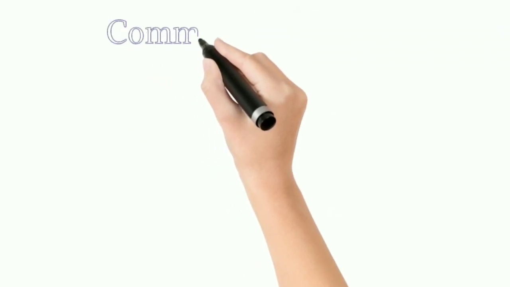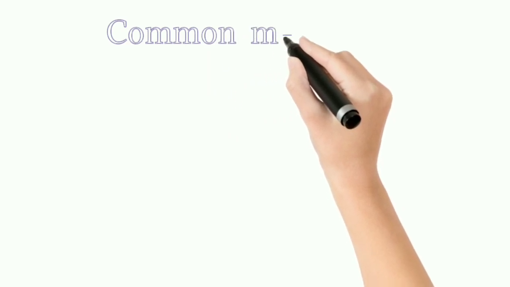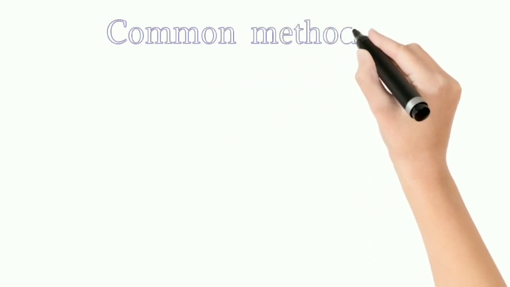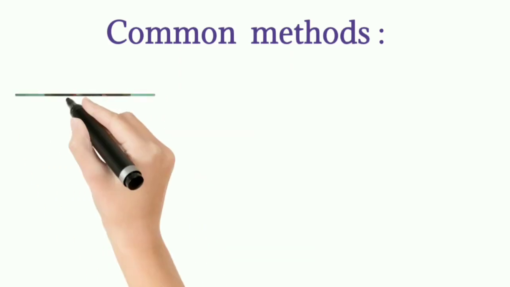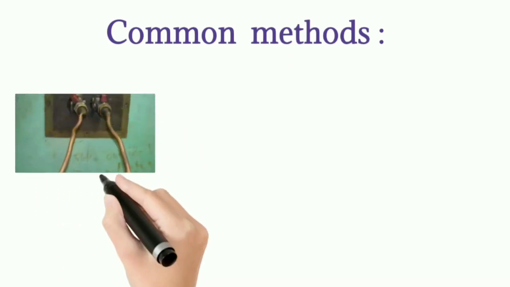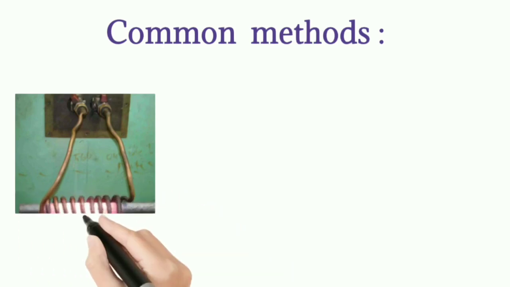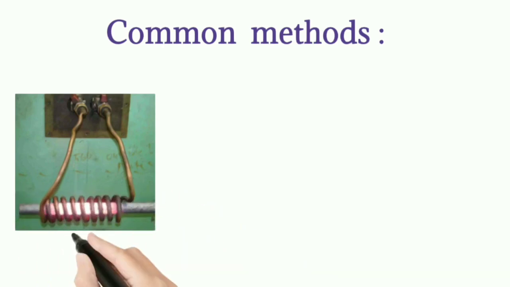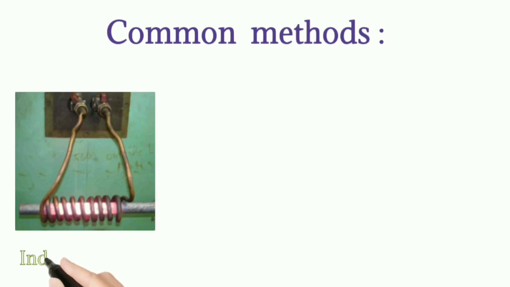So now the point is, what are the common methods we are using for this process? Let me tell you what are the common heaters we are using. The very first heater is induction coils we are using as a heater for the zone refining process. Look at this picture. This is the induction coil we are using for zone refining metal as a heater.